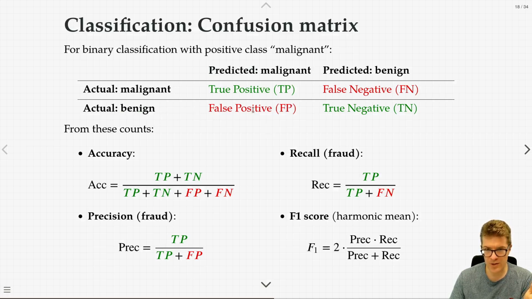This quadrant says we labeled it as positive, as malignant, but that was false. We falsely said it was positive, so false positive. And finally, the only other condition: it was benign, and we predicted benign, so we called it negative, and it truly was negative. This is a true negative.